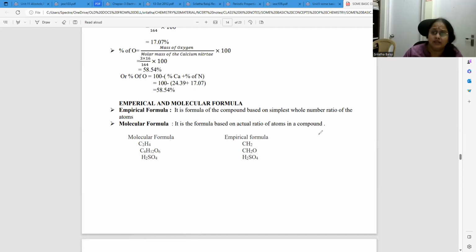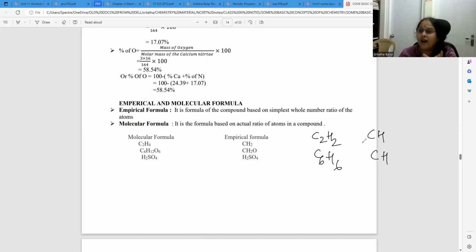When I take two more examples, let me take C2H2 and C6H6. What is the empirical formula of these two? CH, isn't it? Both of them are CH. That means the actual formula and empirical formula differ by a factor.